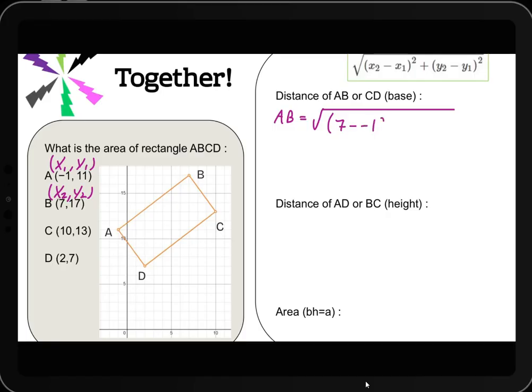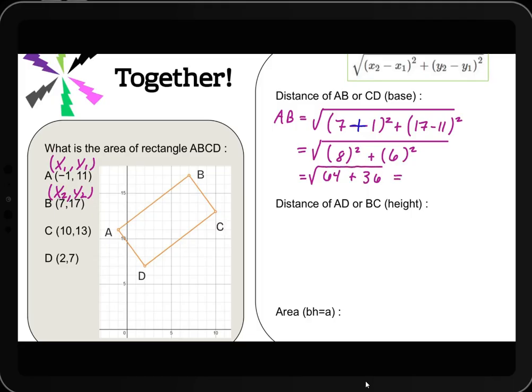So 7 minus -1 squared plus 17 minus 11 quantity squared. So remember that it's minus minus becomes positive. So that means I get the square root of 8 squared, and here I get 6 squared. So that gets me 64, that gets me 36, and I'm taking the square root of that, which is the square root of 100, which is equal to 10. So I now know the length of AB.